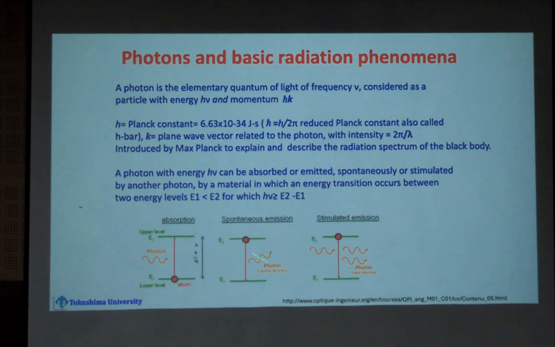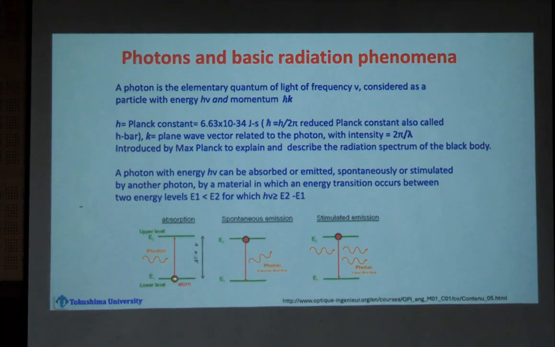So when we talk about light, light is photon, and how does this light react? When I told you that if you incident the light, the charged particle is excited, the electron goes from valence band to conduction band. But when the electron goes from valence band to conduction band, what happens?